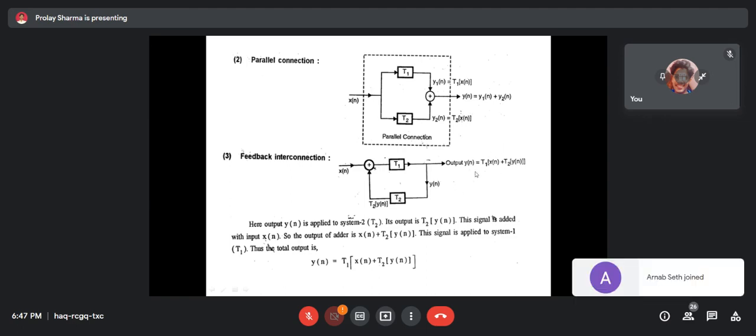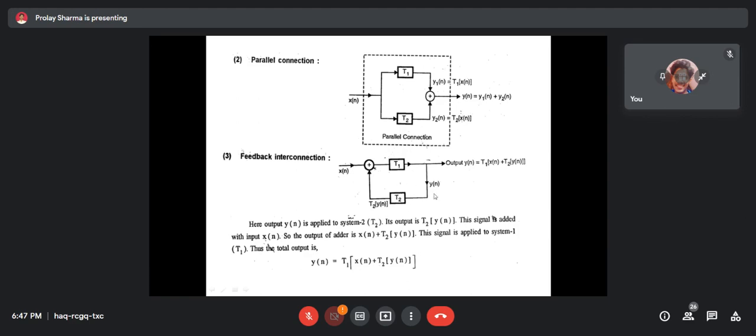So what will be the output? The contribution will be from this block as well as this block. Here in this block, the input signal is x(n) plus T2[y(n)], and in the full bracket the transformation is happening for this main branch.